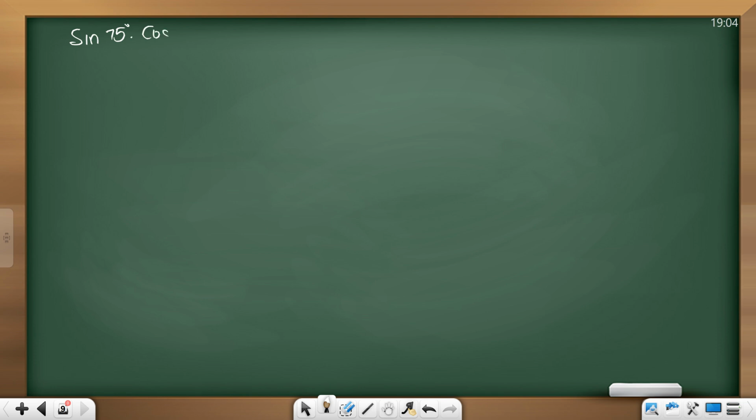Find 75 degrees. Okay, let's work with this. Cos 45 degrees over cos 45 minus 2x cos 2x minus sine 45 minus 2x sine 2x.